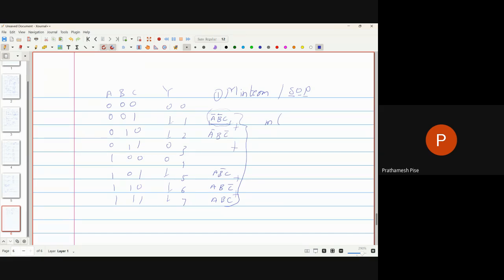So we can represent this equation by these numbers, m of 1, 2, 5, 6, and 7. Why can we use these numbers? Because for any three inputs, this ABC part of the truth table won't change. This will always be the same. Only the output will change. So we can assign a number corresponding to every line, and we can just say take minterm of this line, and this will represent our system in a very compact manner.